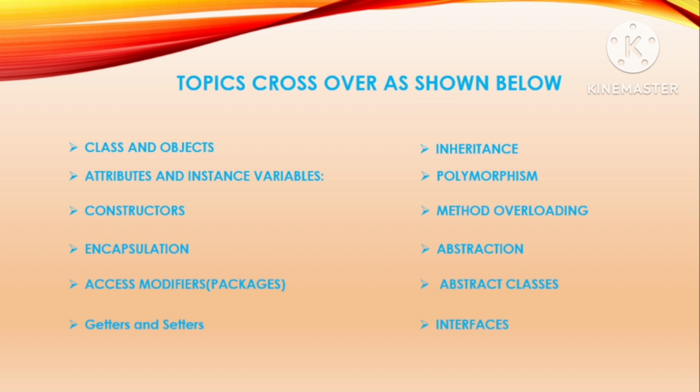The last one that we are going to talk about is interfaces. Interfaces define a contract of methods that classes implementing the interface must provide. The good advantage of interfaces is that they allow multiple inheritance by implementing multiple interfaces.